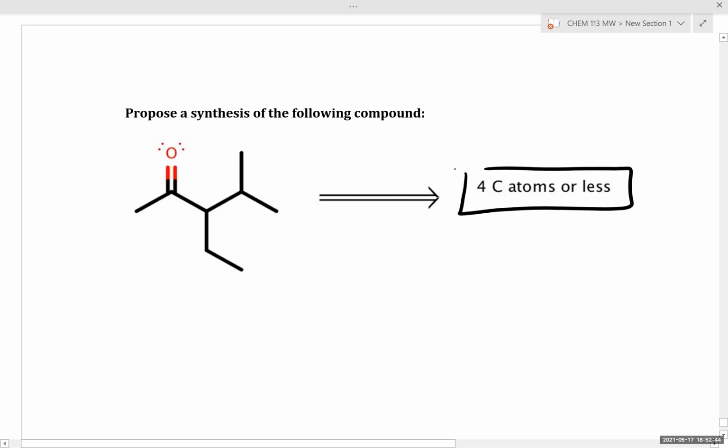And if there are any questions that I can address as we work through this example, don't be shy to ask your questions in the chat or verbally. So how would we go about preparing this compound from materials that have 4 carbons or less?